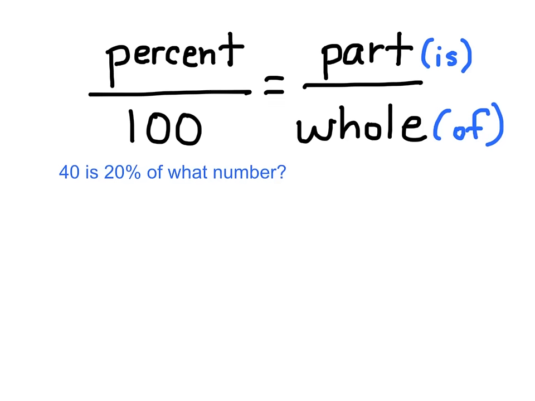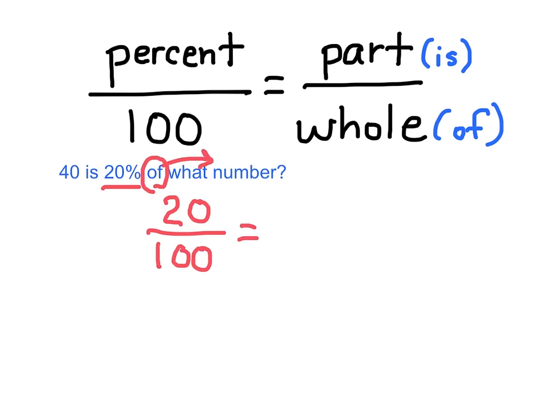Welcome back from pausing the video. The first thing I notice is that the percent is 20%. So I'll write 20 over 100. Keyword of, what follows that is some unknown number. So x will go where the whole amount is. 40 will go over x.